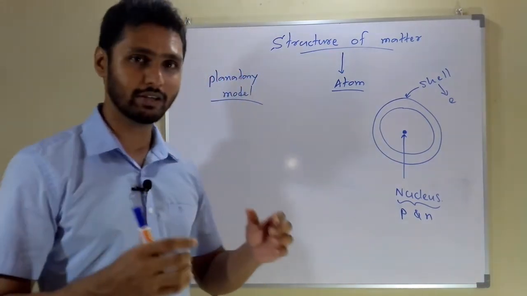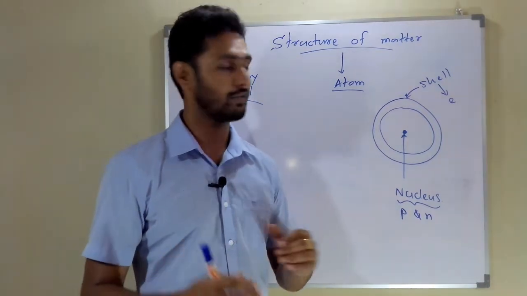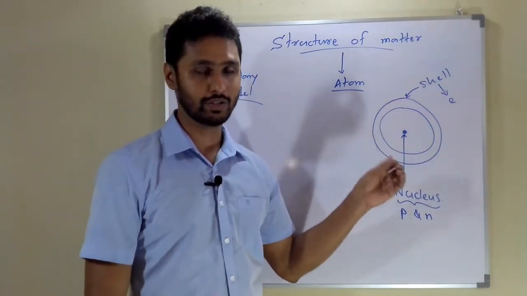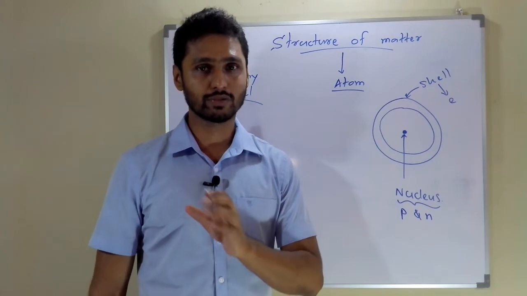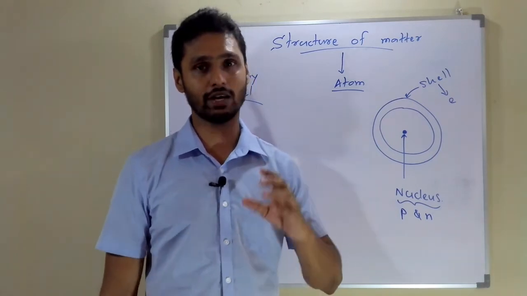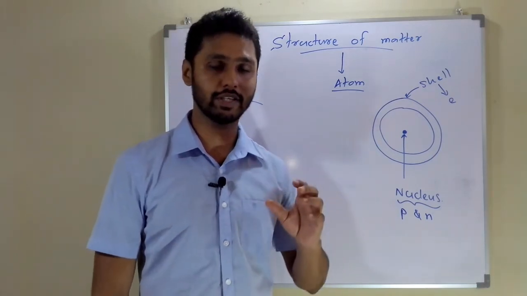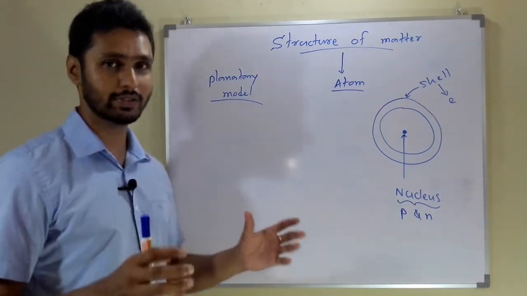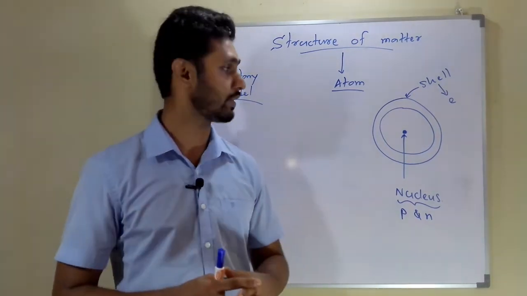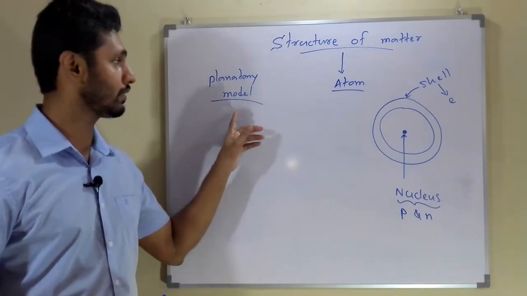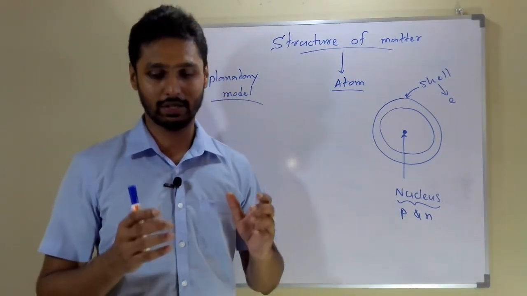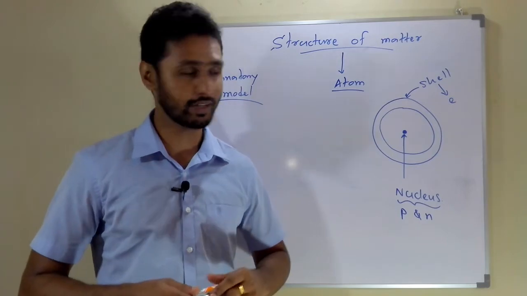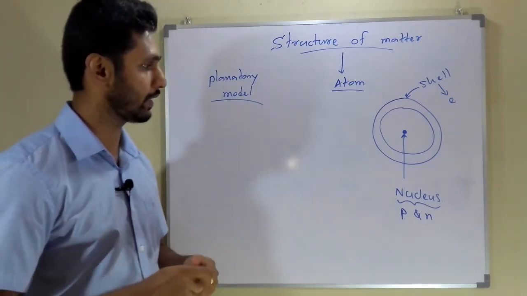So we can continue the word energy level for the shells. So according to Niels Bohr theory, electrons are revolving around the nucleus in energy levels. So this is the simple explanation regarding the planetary model, which was introduced by Ernest Rutherford.